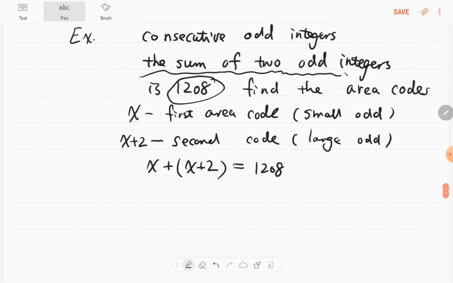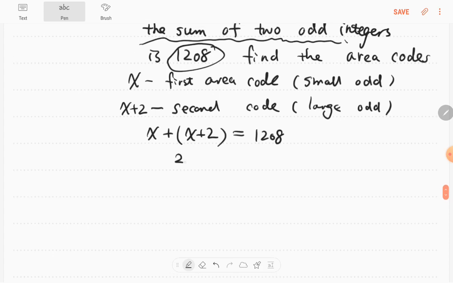So after that, we will get x is equal to 603. Sorry, it's 603. After we simplify, we will get 2x equals 1206. Of course, x is equal to 603.